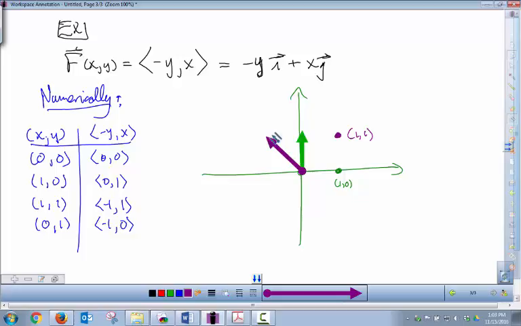So again, it doesn't help me too much. And then let me put one more here. Well, the point 0, comma 1 is this. This is the point 0, comma 1. And then the associated vector with that as an output is negative 1, 0. So negative 1, 0 goes like this, I think.